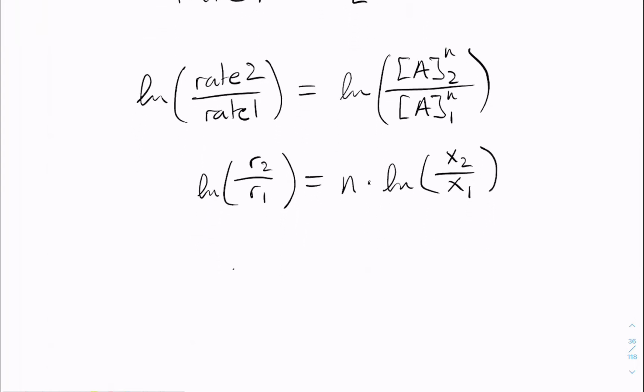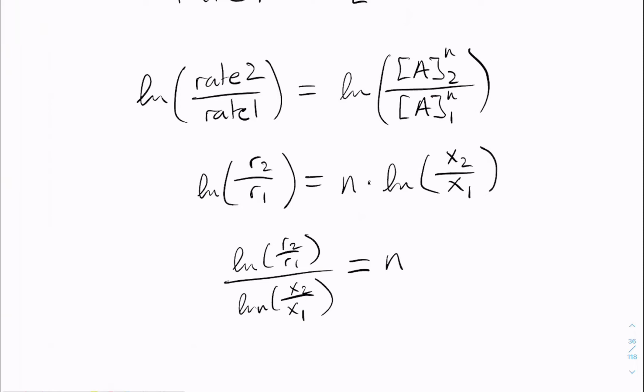So we'll get the natural log of R2 over R1, over the natural log of x2 over x1, equals n. If you haven't gotten to this problem already in ALEKS, this will help a lot. It's a property of logarithms.